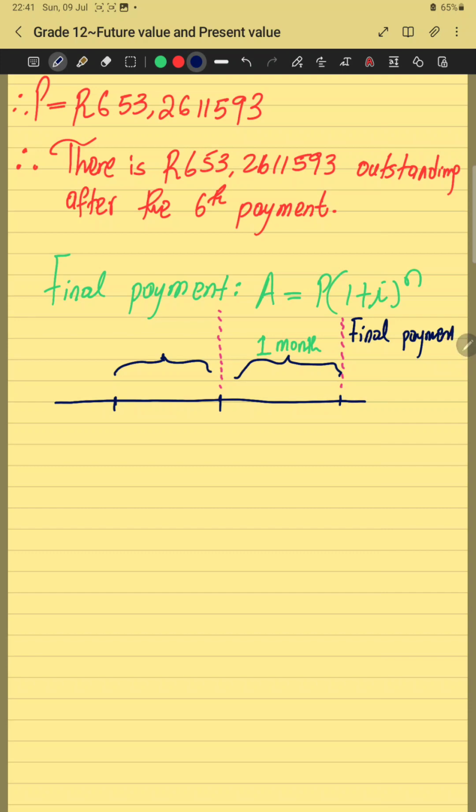And this line over here, let me just use this color a little bit, this line here represents the outstanding. So what was the value for outstanding? It was 653 rand 0.2611593. So this one is for the outstanding.